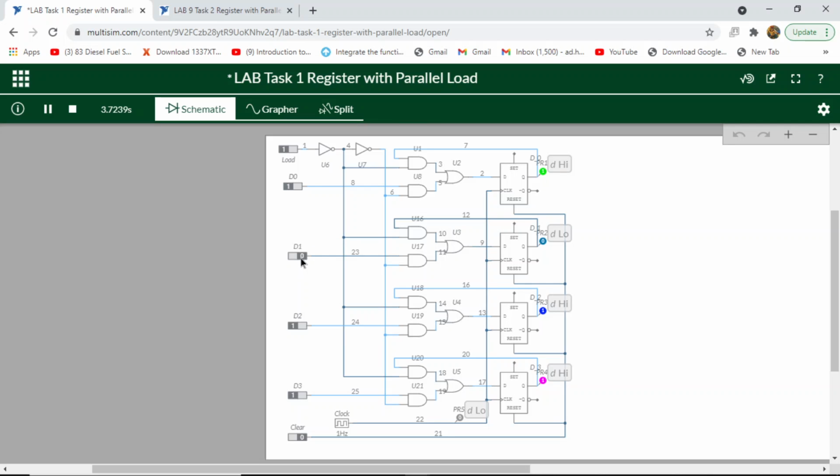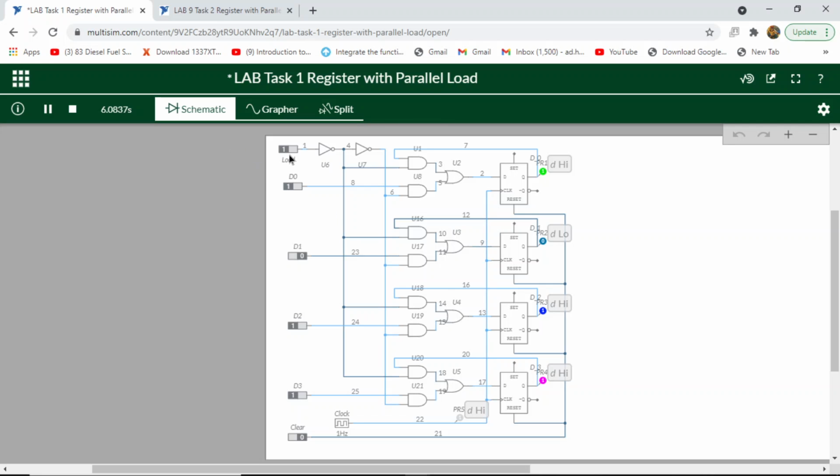When D1 is 0 and the load is 1, the AND operation is 0 and the upper AND operation is also 0, 0 and 0 is 0, it shows output 0. When D2 is 1, the load operation is 1, it is 1. 1 and 0 is 1. Same here, 1 and 0, the OR operation is 1, it shows output 1.